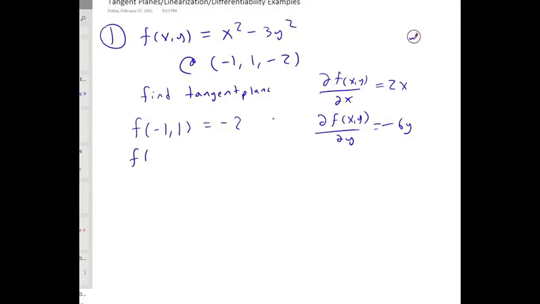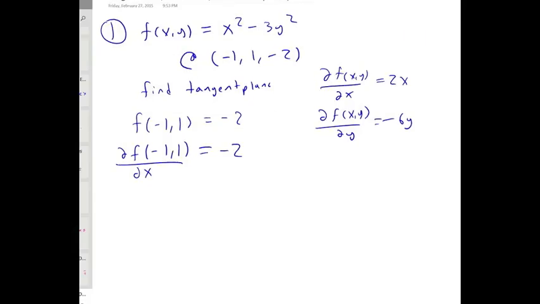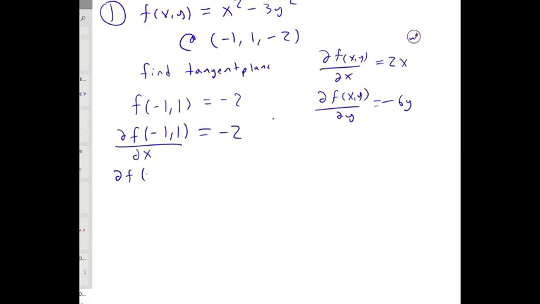Now we're going to plug in -1, 1. We'll keep our notation consistent here. This is going to be 2 times -1, so we have -2. df of -1, 1 dy is -6y, with 1 as y, so -6.